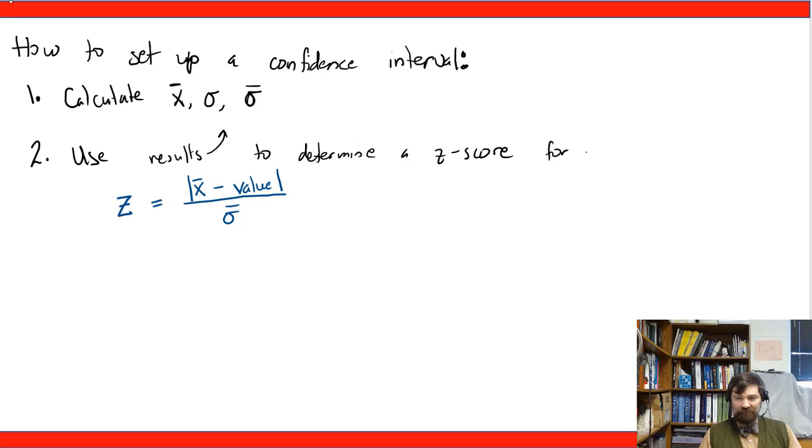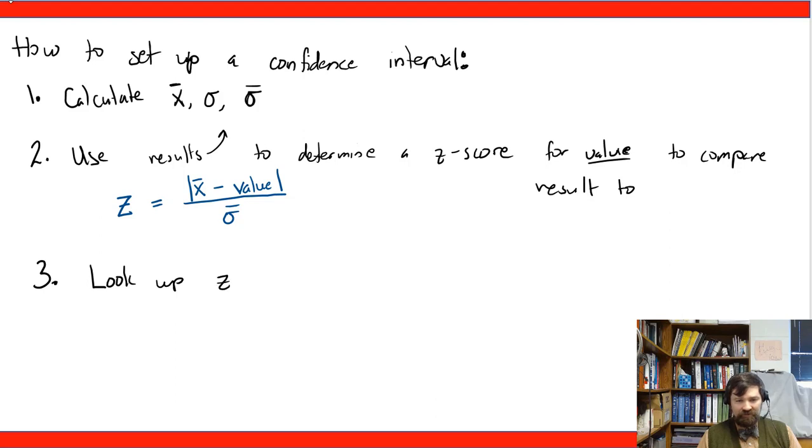So this is for value to compare result to. Okay. Step 3, look up z-score in population table or z-table.